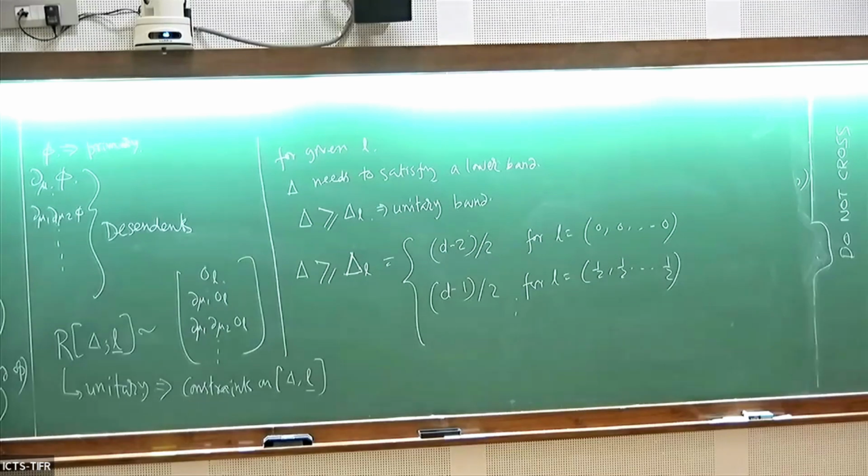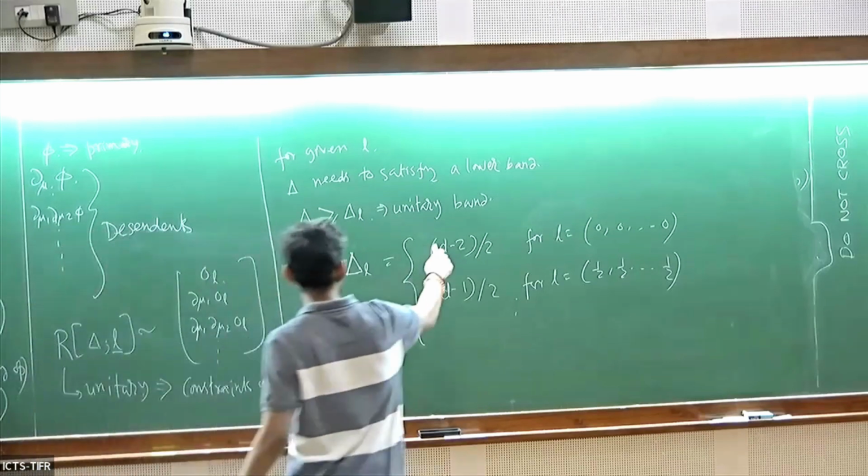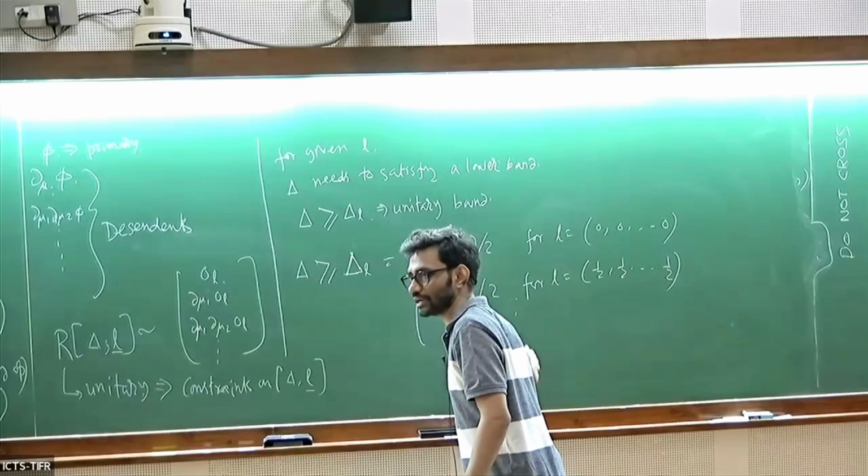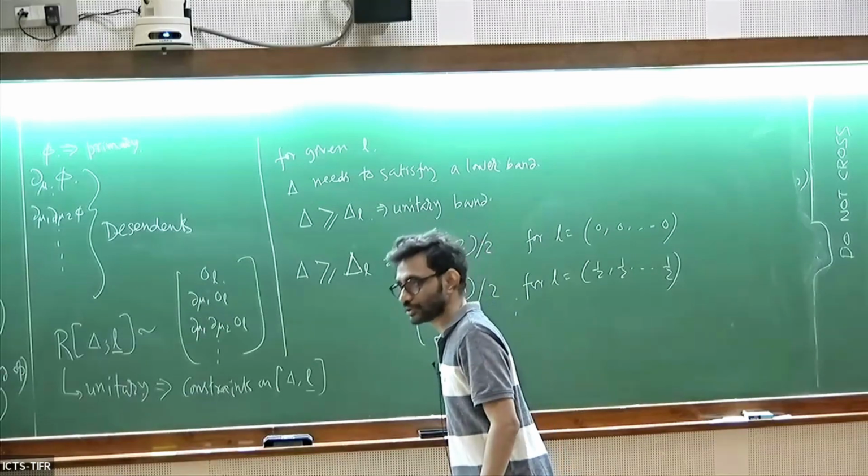So we need to start with those primary operators which satisfy the delta, because that's the unitary bound. And for a given L, for the spin, we can write this down for arbitrary spin particles, L equal to 1, L equal to 2, and so on. There's a way to write that down.